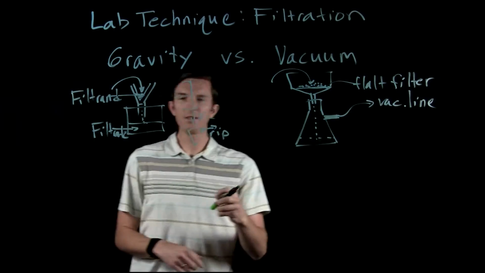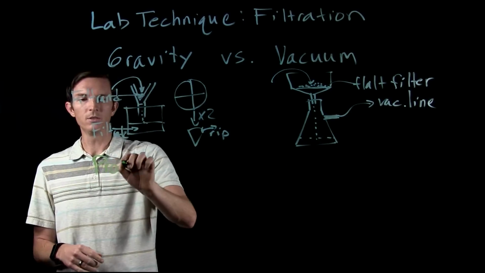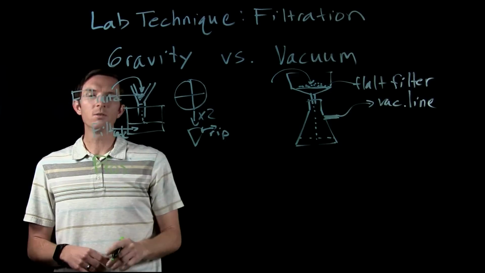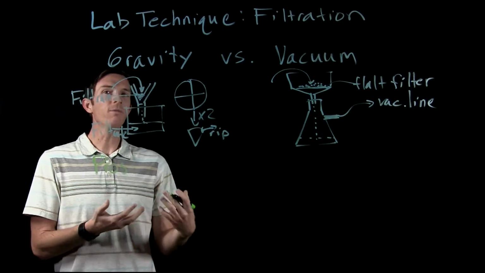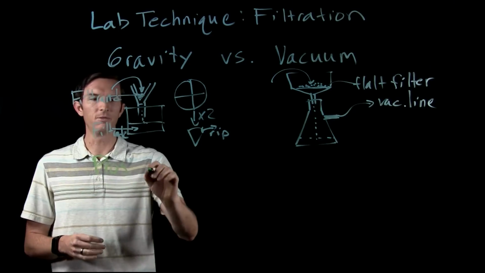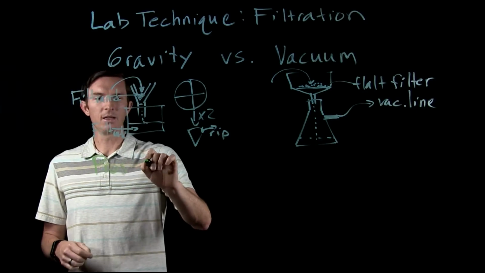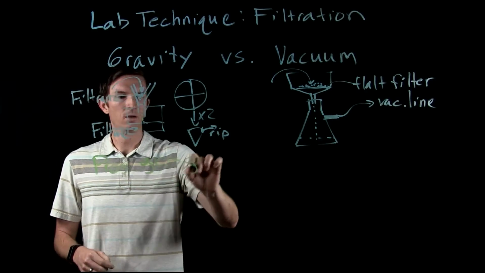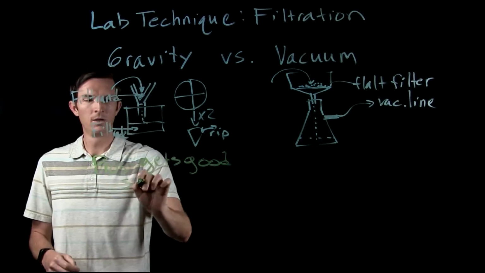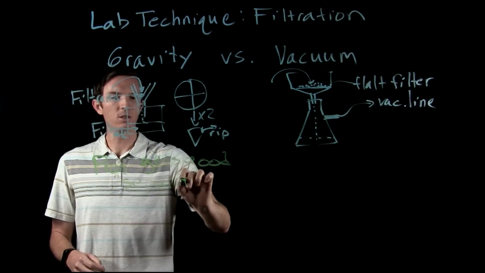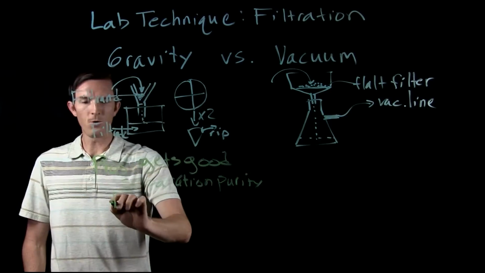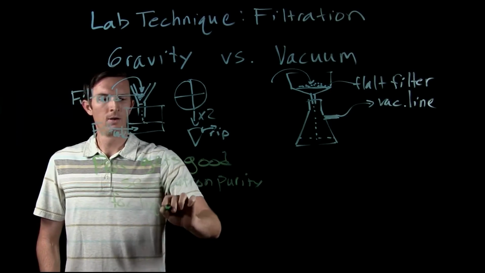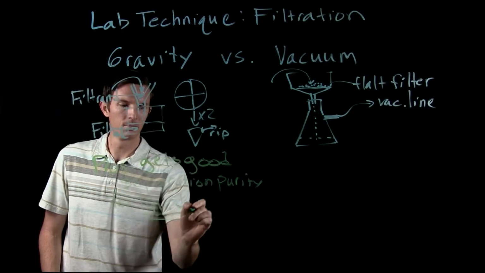Let's talk about some of the pros, or the reasons why I would want to choose gravity filtration. One of the pros of using gravity filtration is that it gets good separation purity for our liquid.